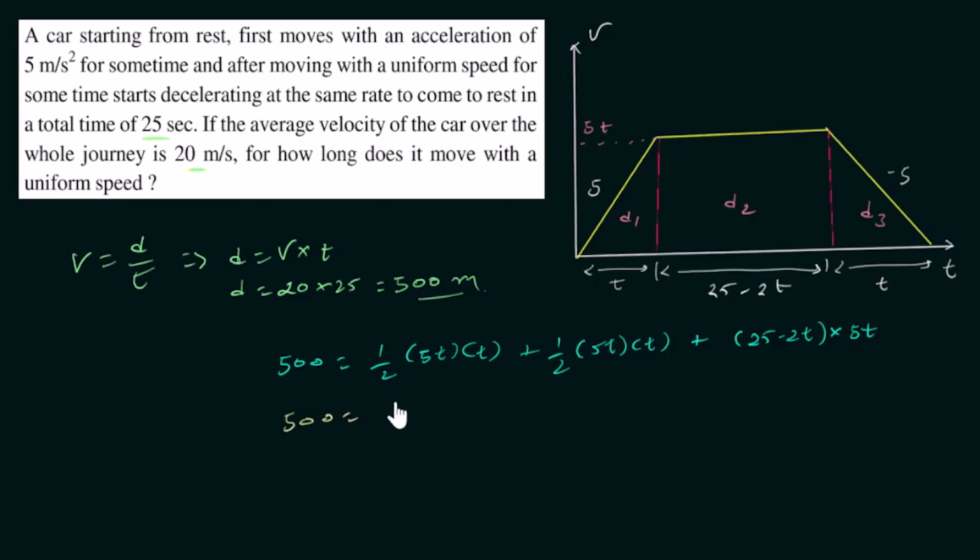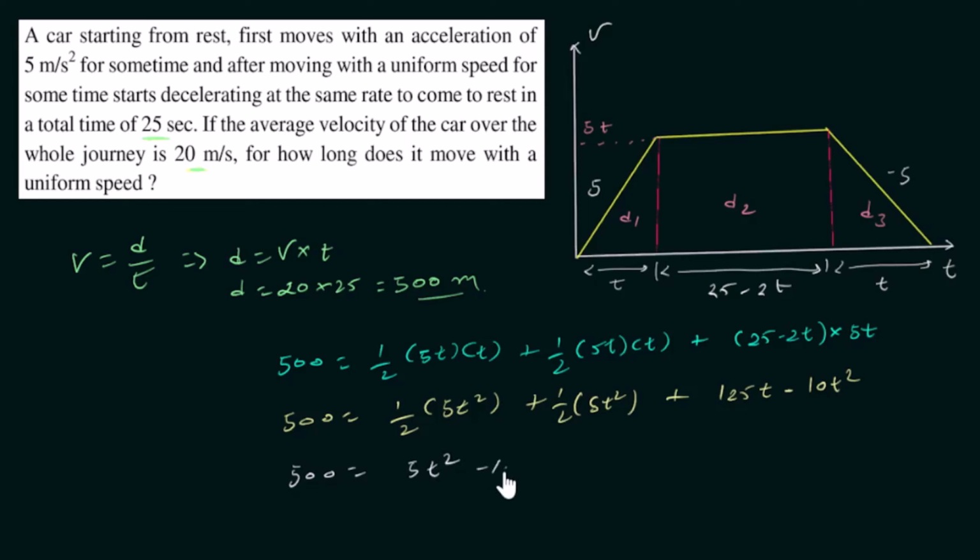This is 500. This is half 5t square plus half 5t square plus 25 into 5 is 125t minus this is 80 square, right? Okay, so here you can see that this is 500 and 5t square by 2 will be 5t square, right?